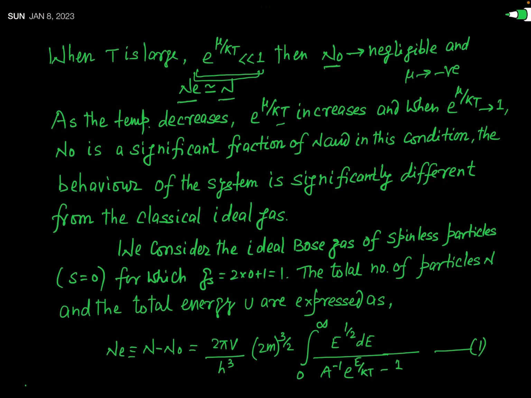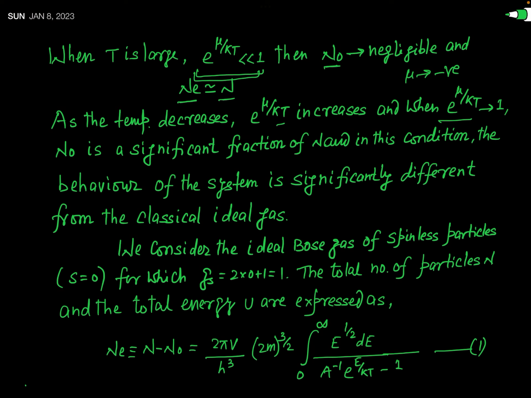At very high temperature, e to the power mu by kT will tend towards 1. Actually, this is the maximum value of e to the power mu by kT. It is never greater than 1.